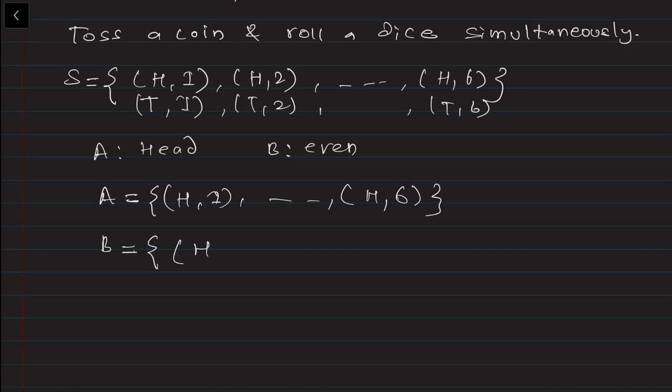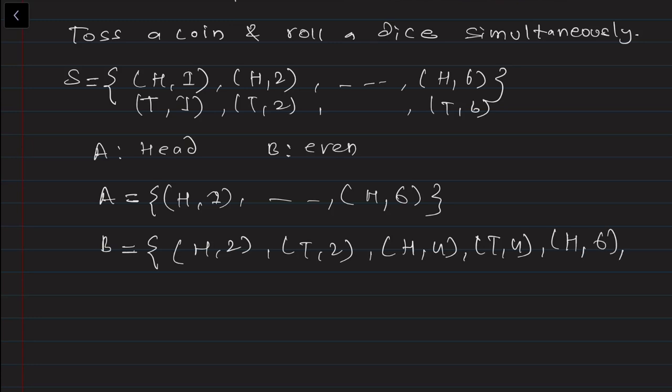So H comma 2, T comma 2, right? 2 can occur with either head or tail. Similarly, 4 can occur with either head or tail. And head can occur with 6, tail can occur with 6. So this is the event A and B.